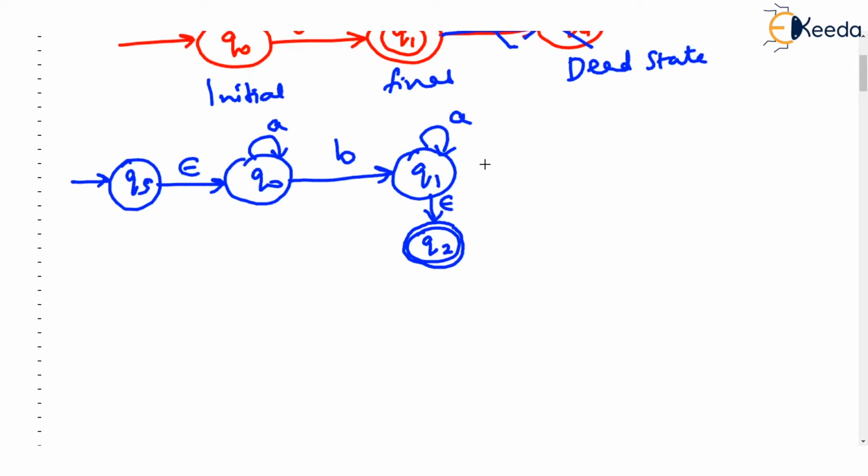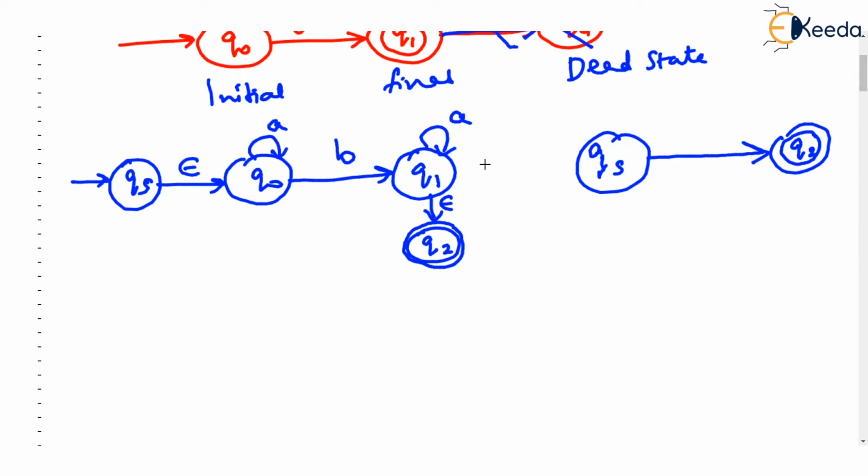What we are going to do ultimately is keep only QS, the initial state, and Q2, the final state, and eliminate all the intermediate states, that is Q0 and Q1. I repeat, we will find a path from QS to Q2.